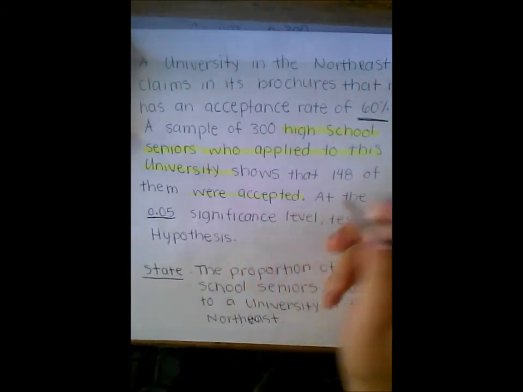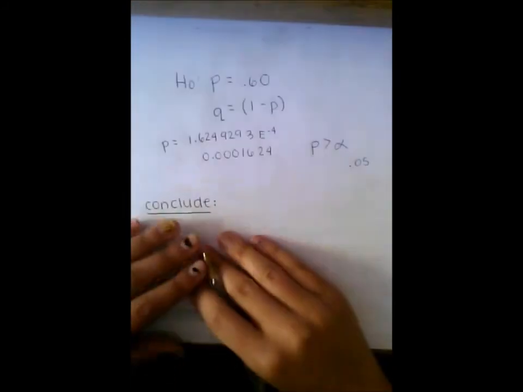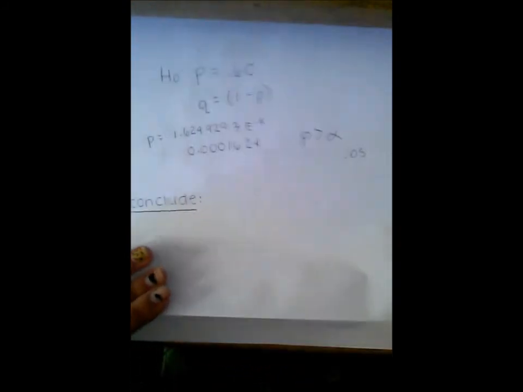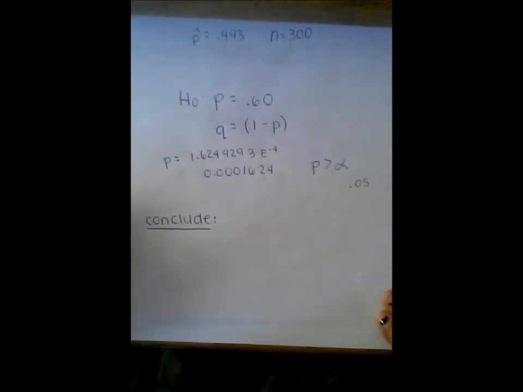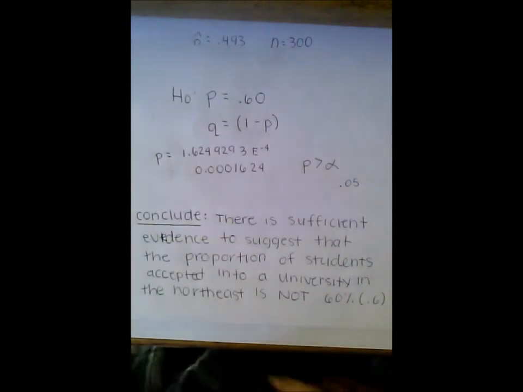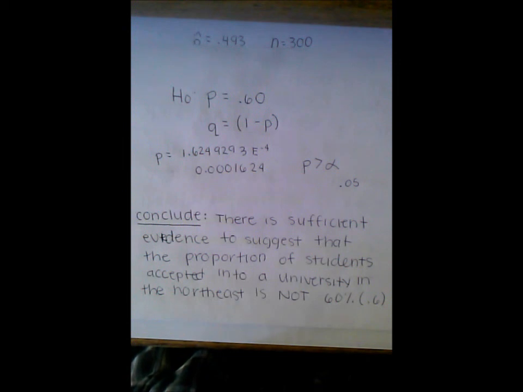That's what we use this for. So alpha is the significance level. If our p is less than alpha, that means there's sufficient evidence, and this is what we put. Our conclusion would be: there is sufficient evidence to suggest that the proportion of students accepted into a university in the Northeast is not 60%.